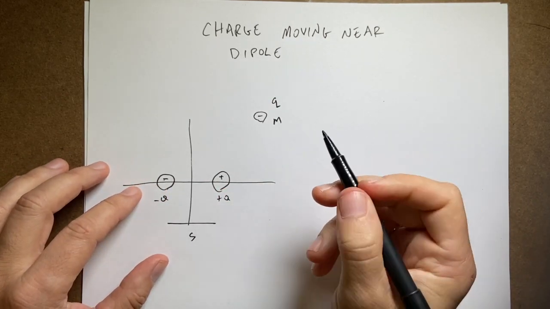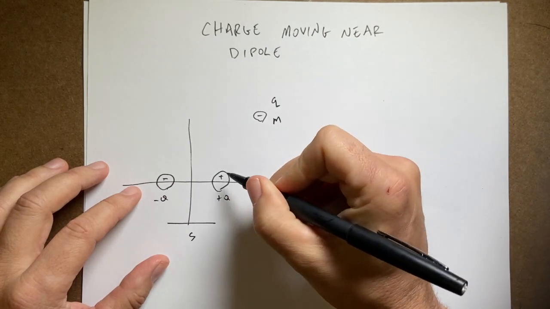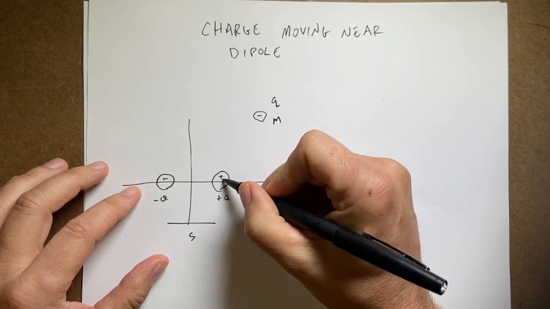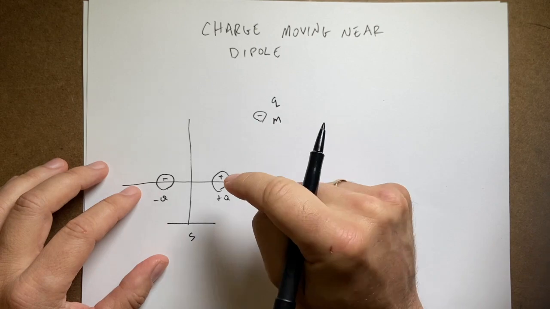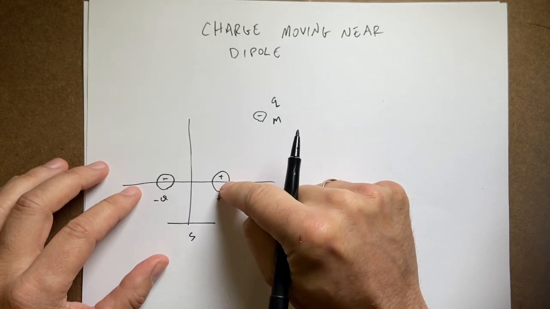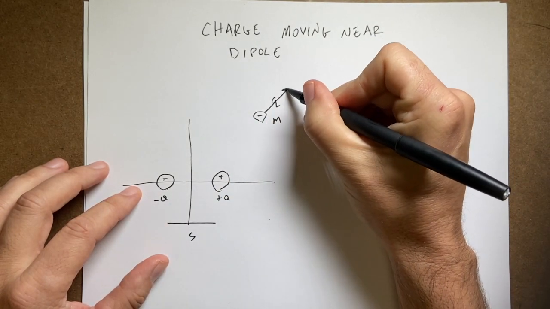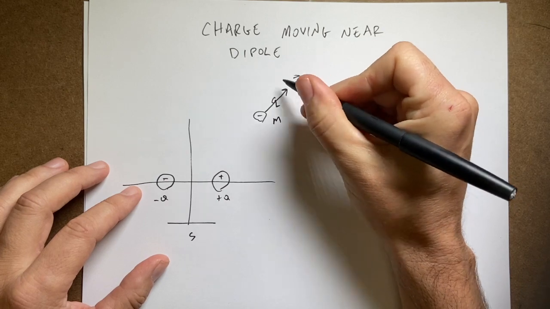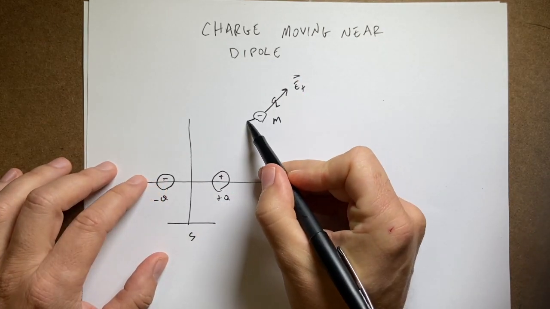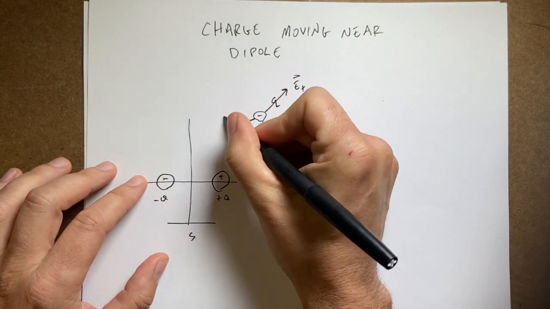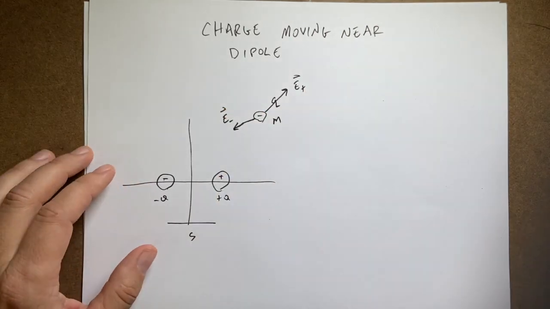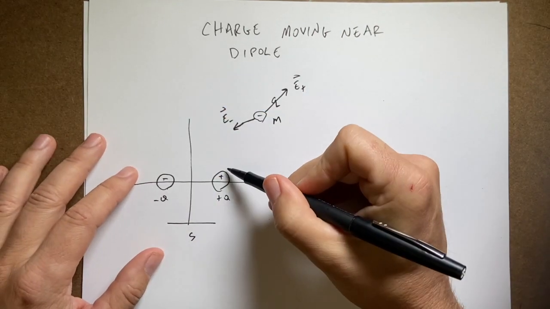Well, the number one step is to find the electric field. So I'm going to calculate the electric field due to this charge, I'll call this E plus, and the electric field due to that charge, E minus, as vectors. Okay, now to do that, I need this vector.